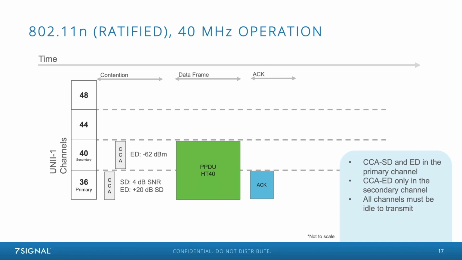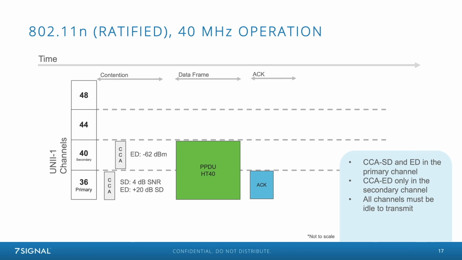There's a lot of potential for CCI to be occurring in that secondary channel that this threshold is simply going to miss. So, imperfect scenario, and this is really bad, particularly in the 2.4 gigahertz band.